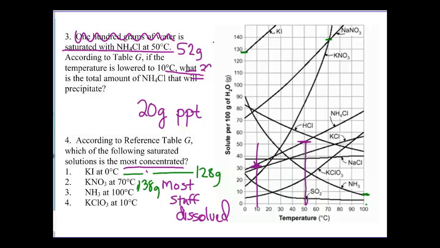Loser. You can only dissolve about 8 grams of that. It's not very soluble at 100 degrees. And KClO3 at 10. 10 and KClO3. It's about right here. Maybe like 7 grams there. So the most concentrated has the most stuff dissolved. That would be your KNO3 because you had 138.